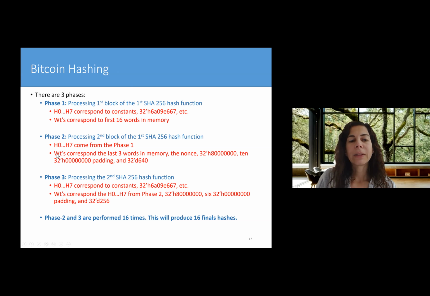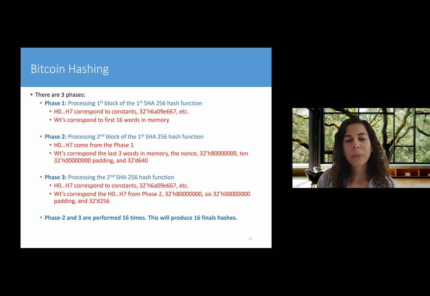Then the words that we read from the memory are the nonces and the padding, which you will see here, the zeros padding this, and this value.